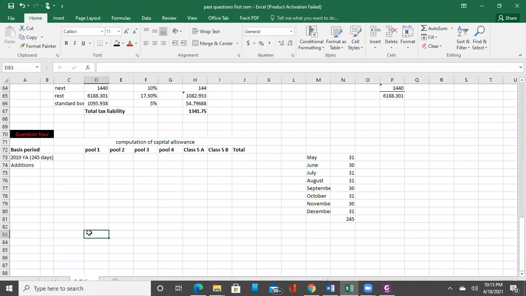So for 2010, buildings. Class 5A, the building cost 200,000.